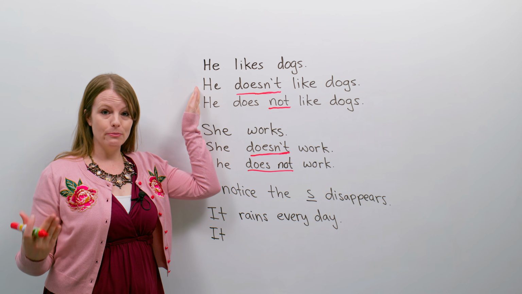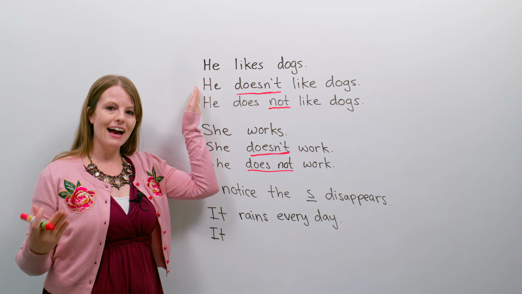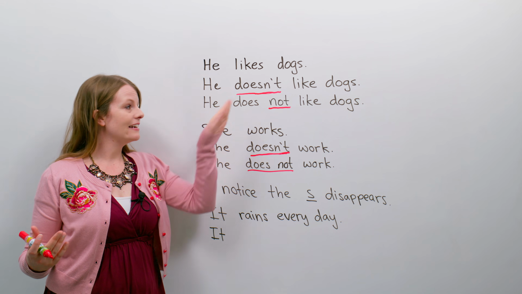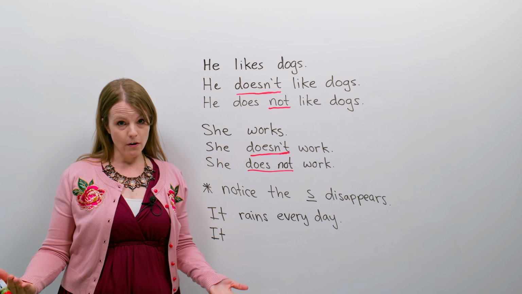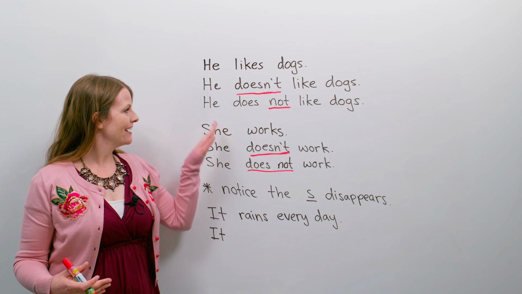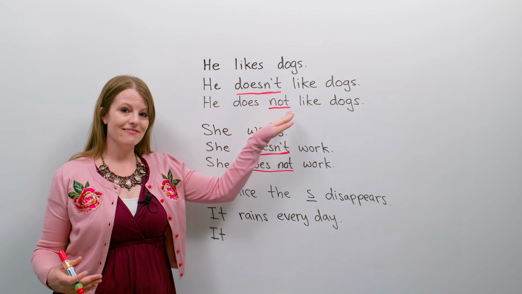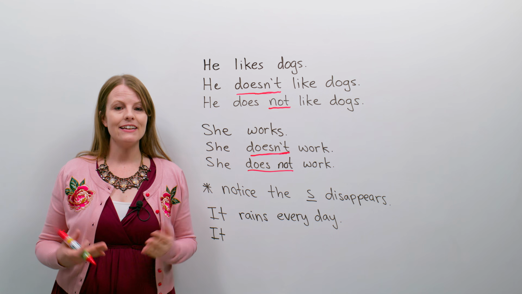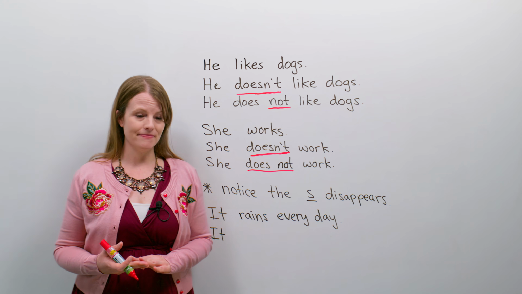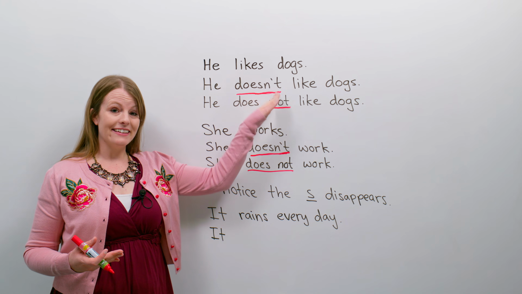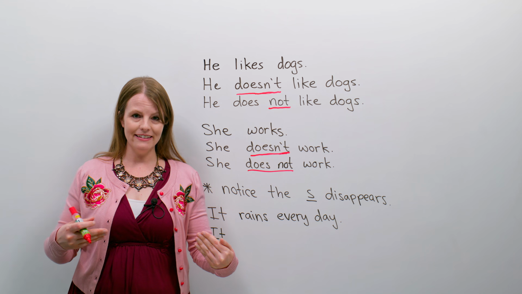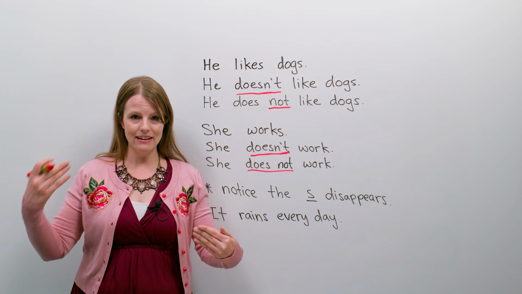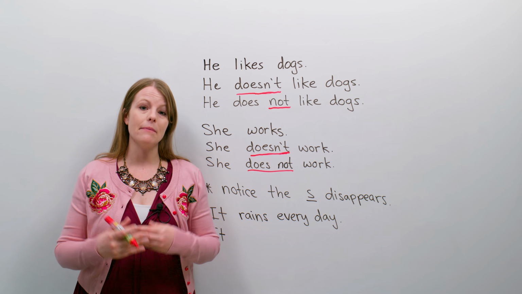If I want to make this negative, I can say he doesn't like dogs. Or I can say he does not like dogs. These are both possible. Again, doesn't is the contraction of does and not. Does and not together becomes doesn't.